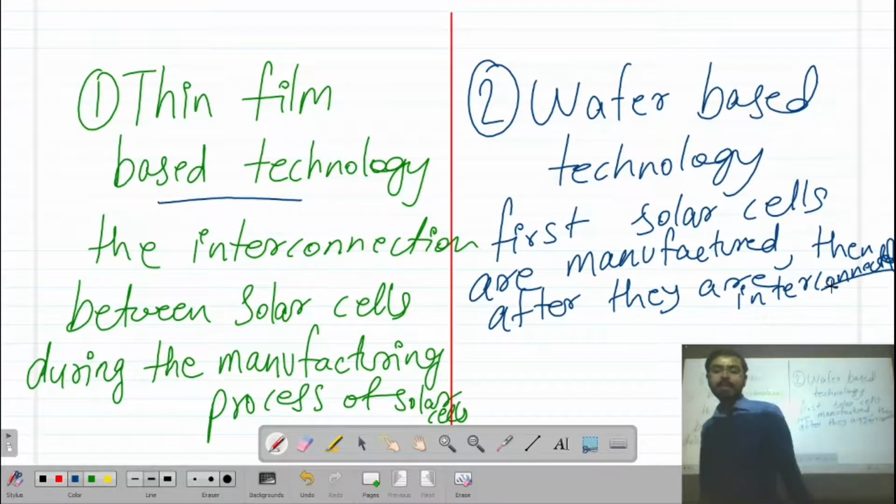Right? So this is the difference between thin film based technology and wafer based technology.